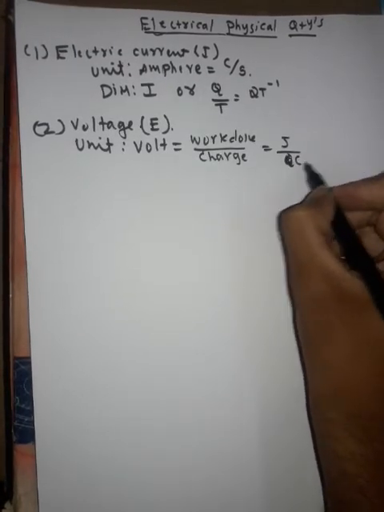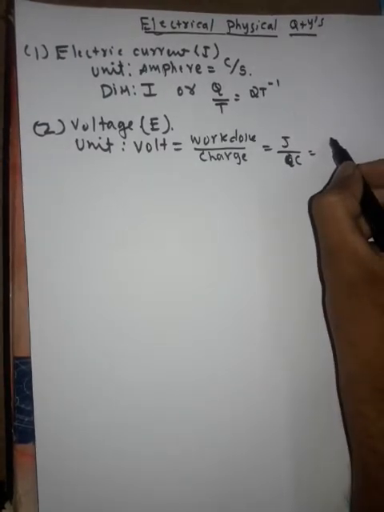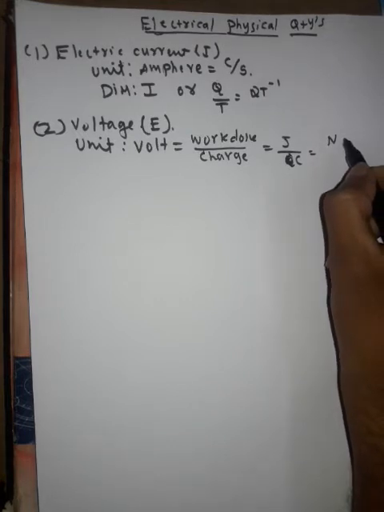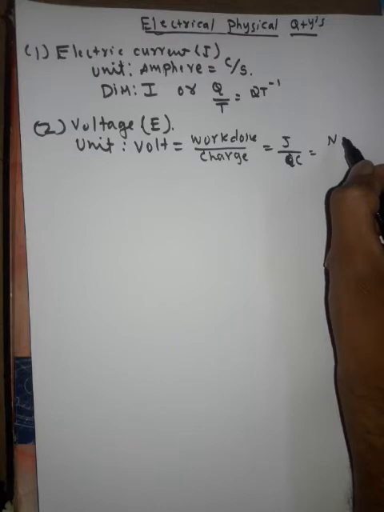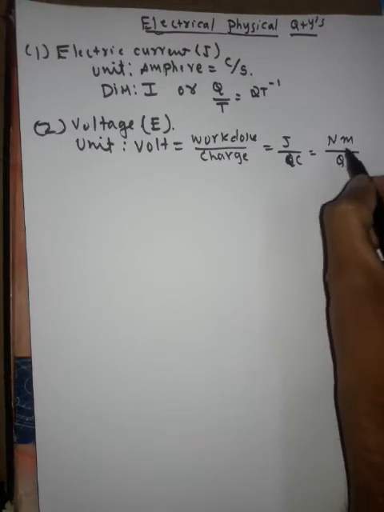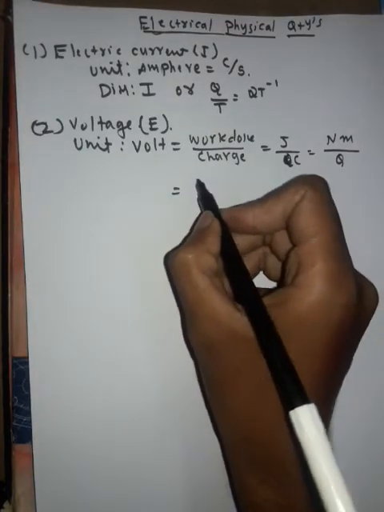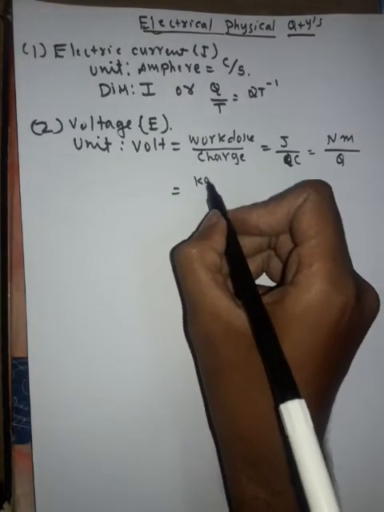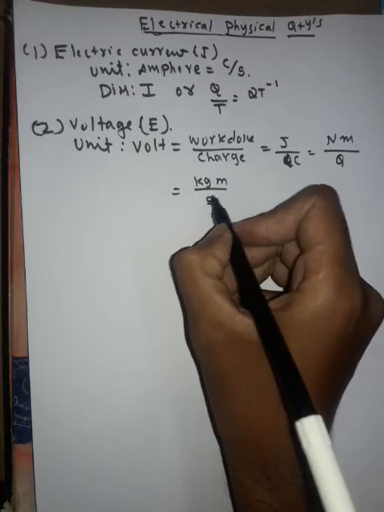In the previous video, we have discussed the dimensional formula and unit of joule, that is Newton meter. For Newton, we can write kg meter per second square.